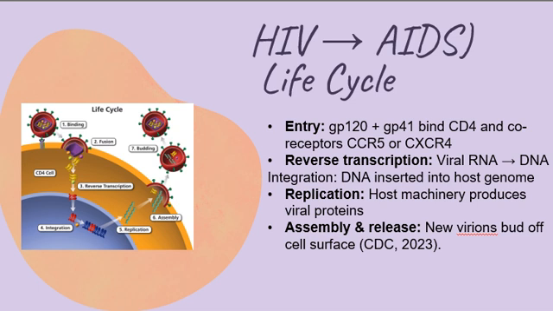Once inside, reverse transcriptase makes DNA from the viral RNA, which inserts into the host genome. From there, the host cell is hijacked to make viral proteins that assemble into new virions. These particles bud off and continue the cycle.